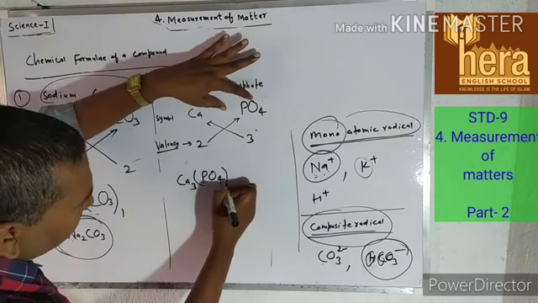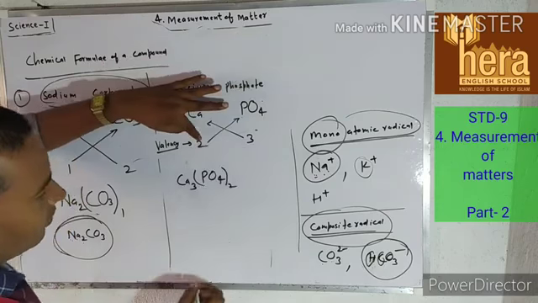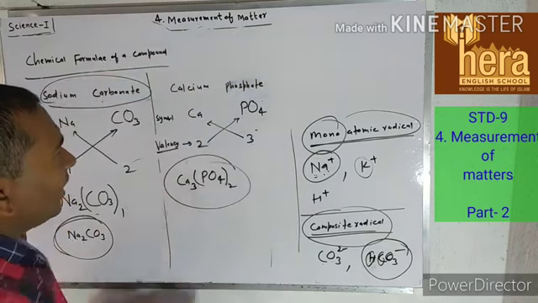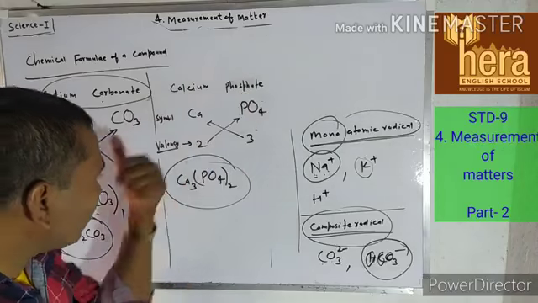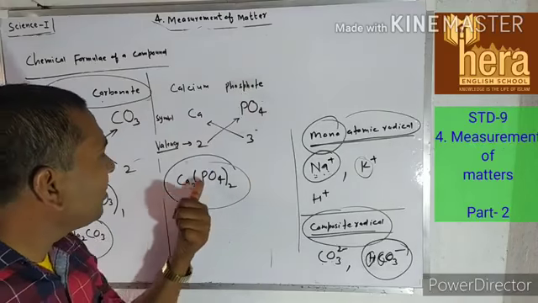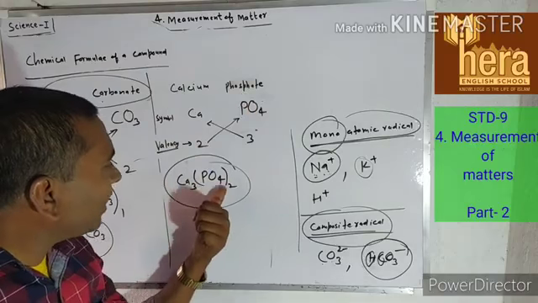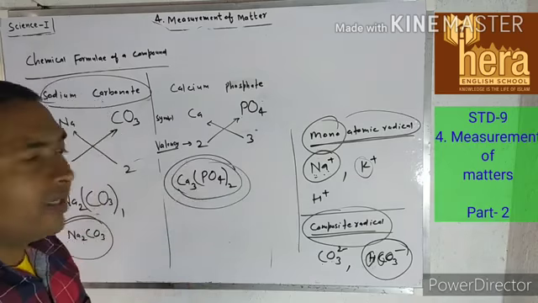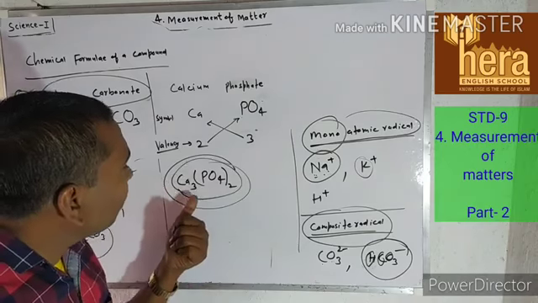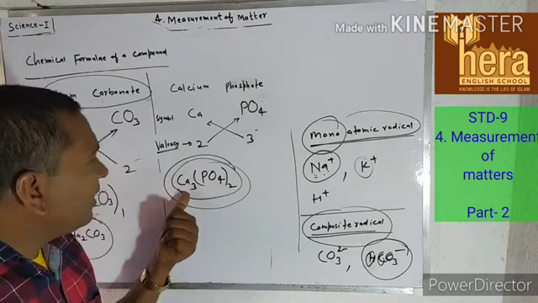PO4, bracket close, and write 2. In English you write calcium phosphate like this, but in chemistry language Ca3(PO4)2 is the molecular formula of calcium phosphate.